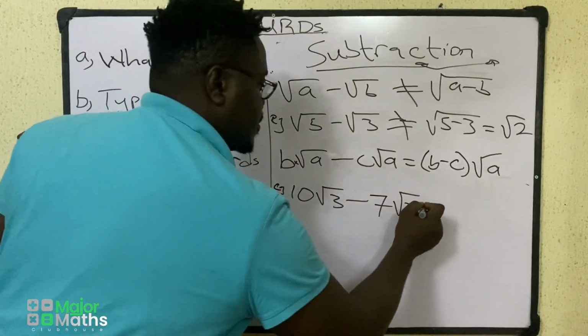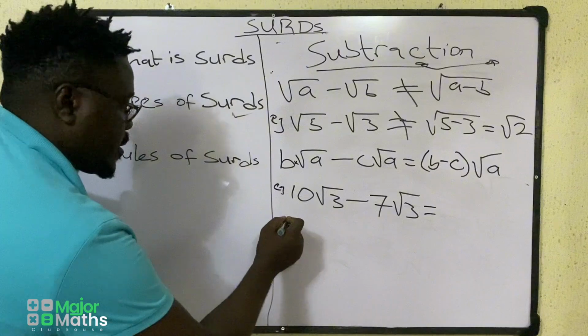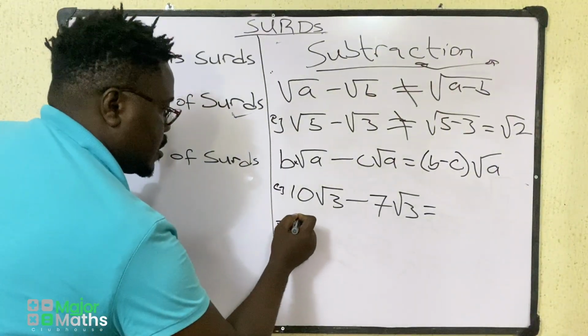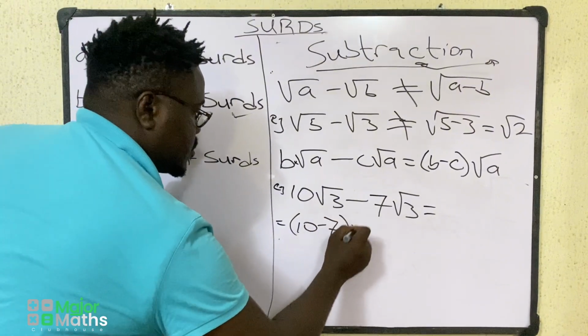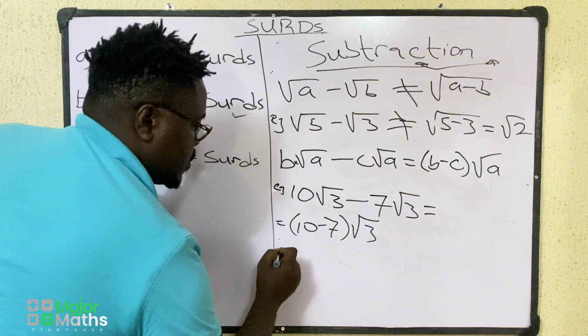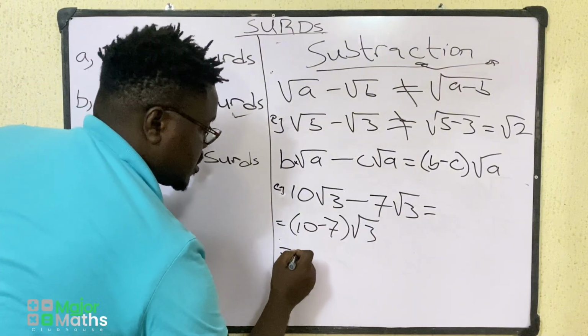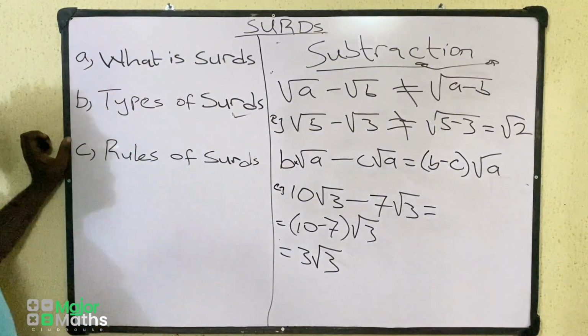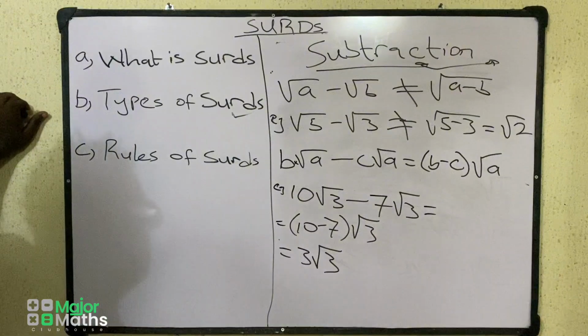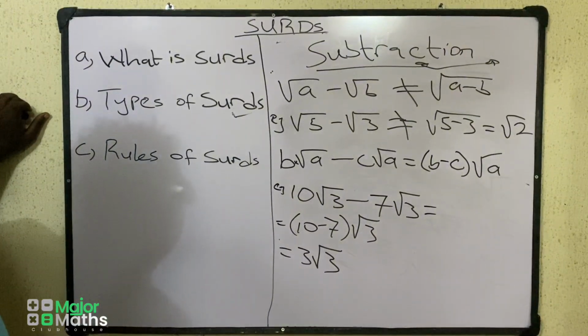What will it give you? We put in brackets 10 minus 7, root 3. 10 minus 7 is 3, so 3 root 3. So that's that for subtraction.